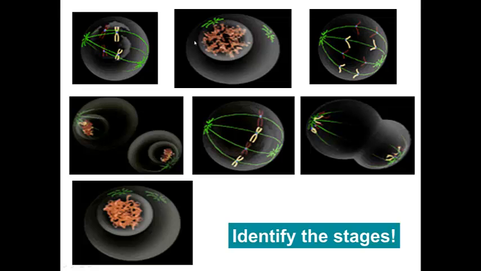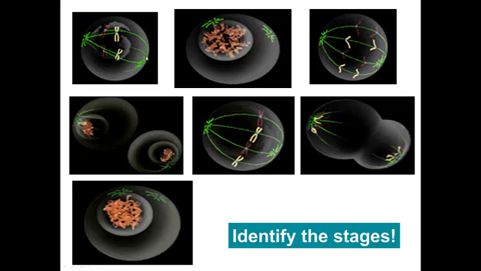None of these pictures really show interphase. Here you have the chromosomes lining up along the middle. That's along the metaphase plate, so that's metaphase. Here you have sister chromatids at this point. Here the sister chromatids have separated into chromosomes, and the chromosomes are being pulled to the poles of the cell. So this is anaphase.